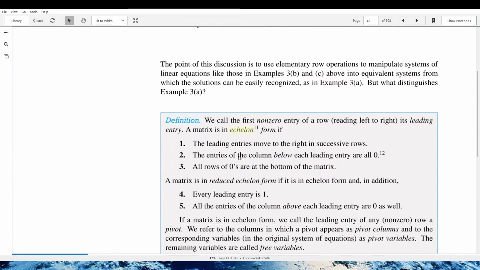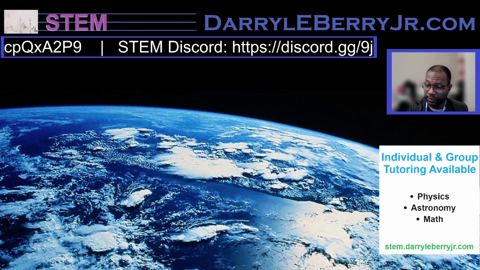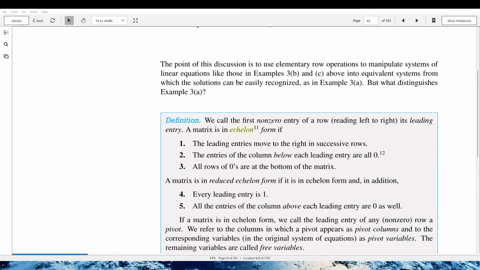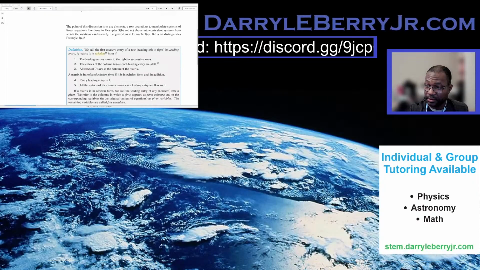All right, so definition. We call the first non-zero entry of a row its leading entry. The first non-zero entry of a row, reading left to right, is the leading entry. And I think I might know what's causing the issue here.